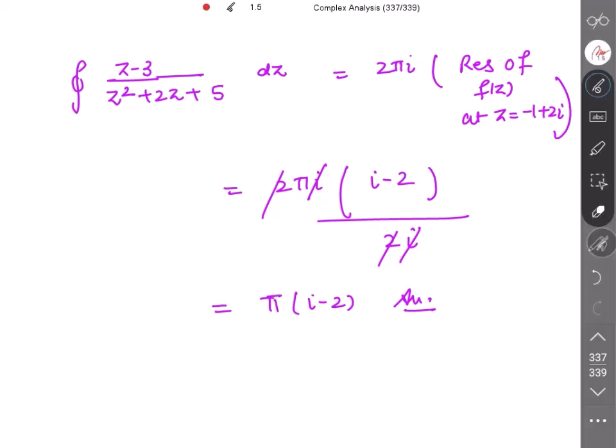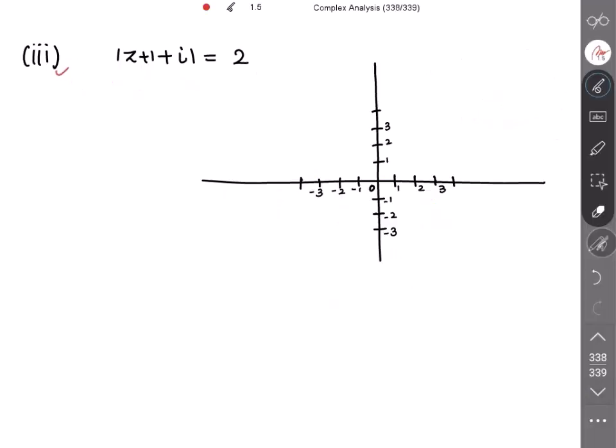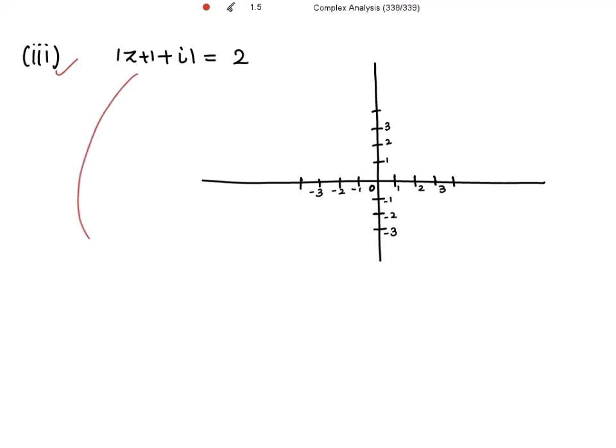And now moving on to the next part, that is this one. And what is the center for this circle? If I write this circle to be as mod of z minus (-1 minus iota) equal to 2, then we have the center to be equal to -1 minus iota.